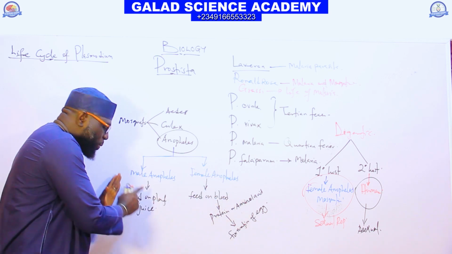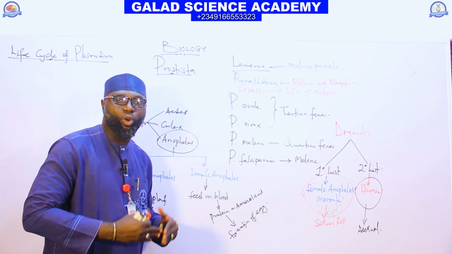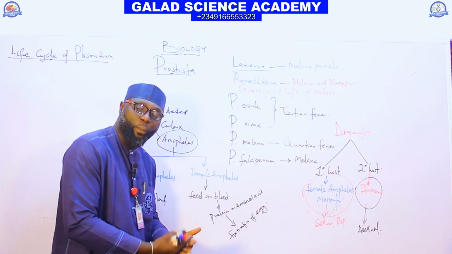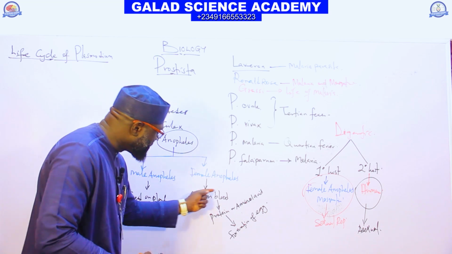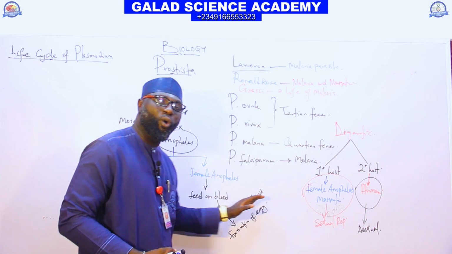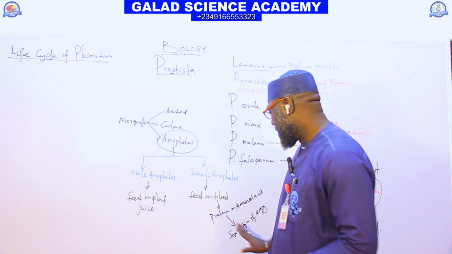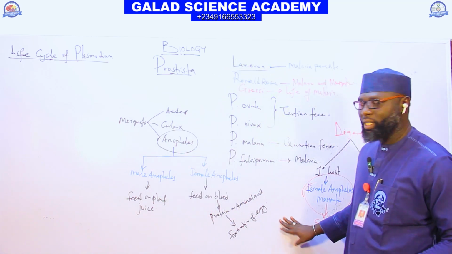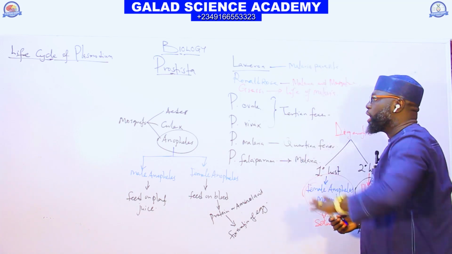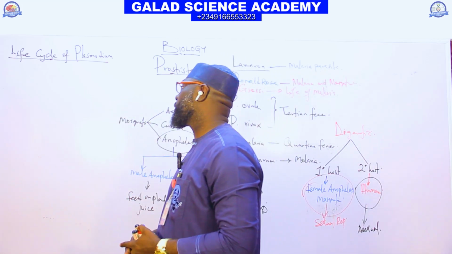The male feeds on plant juice. But the female has interest in human blood because they need it for maturation, or formation of eggs. It is not the blood per se but the protein part of the blood, which is amino acid, that they need to produce eggs. So all this is an introduction to the life cycle of Plasmodium.